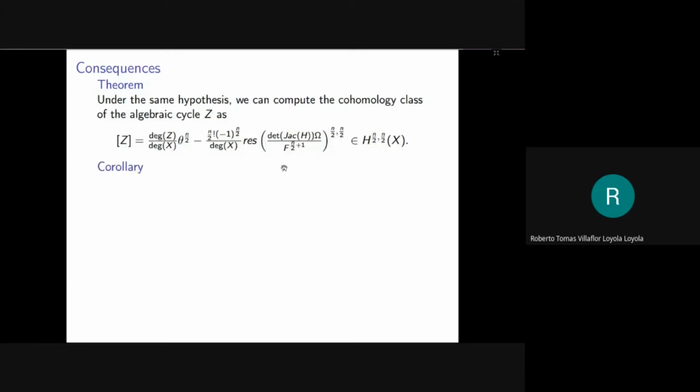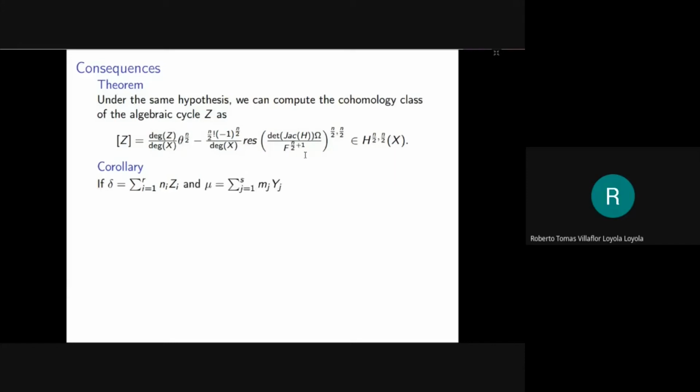Okay, so a consequence of this theorem is that we can use this description of the cohomology class, for instance, to compute intersection numbers of algebraic cycles, and also we can determine whether a given combination of algebraic cycles is trivial in primitive cohomology or not.